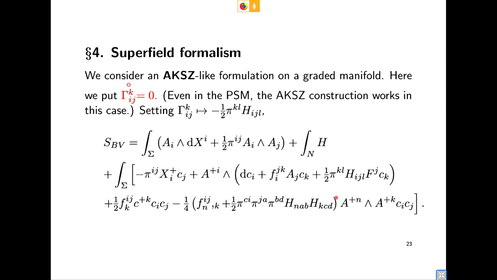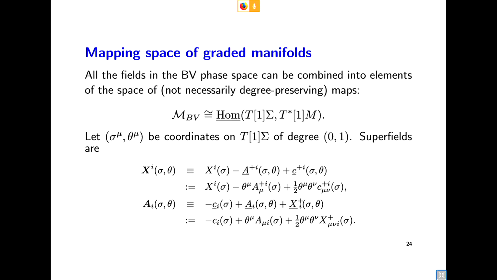So we want to consider the AKSZ-type sigma model of this BV action. In the AKSZ-type sigma model, first we consider the mapping space of the graded manifold.